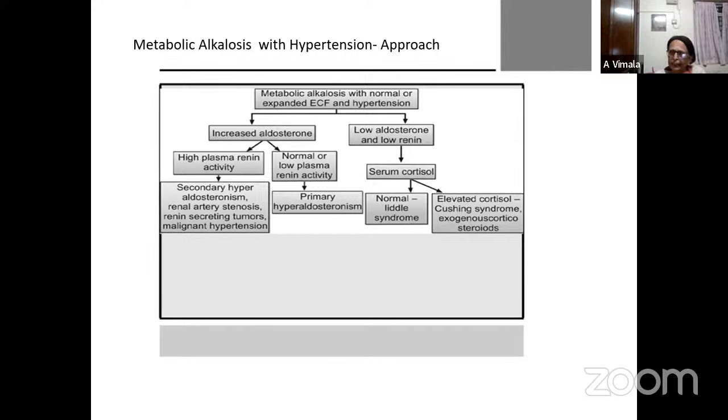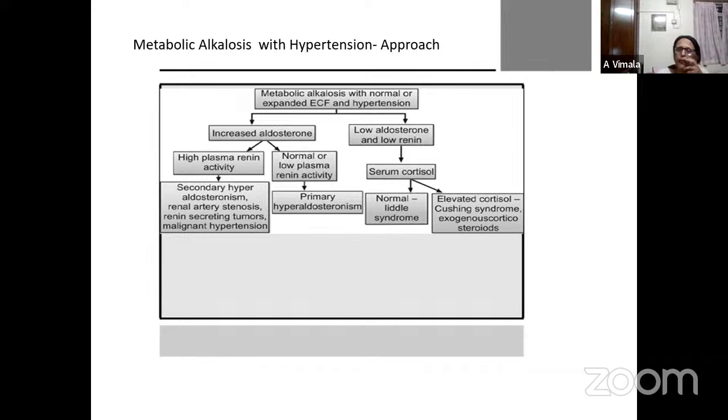It could be Cushing syndrome or an iatrogenic Cushing syndrome. We would have given steroids for some other cause, and the patient would have developed hypertension. If the serum cortisol is normal, aldosterone is low, renin is low, and the patient has a metabolic alkalosis, the syndrome you have to remember is Liddle syndrome.